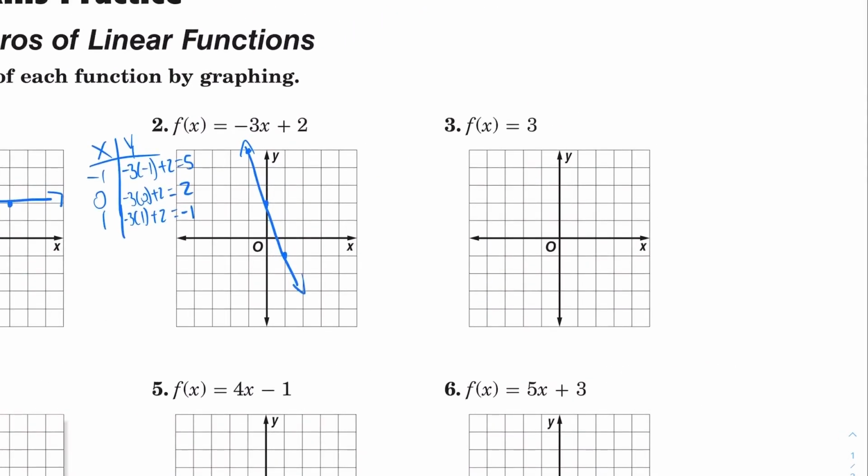For number 3, it says that f of x equals 3. That means the same thing as y equals 3. So that means no matter what I put for x, y is always going to be 3 for this equation. So let's just put some dots on 3.